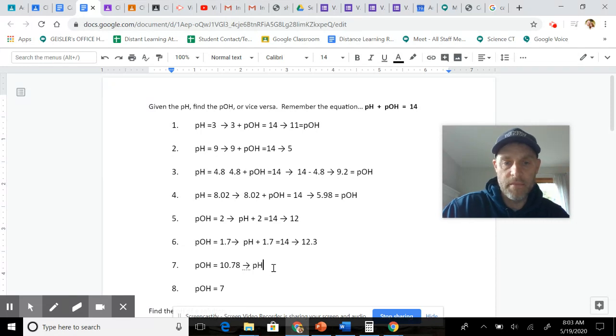Same thing. pH plus 10.78 equals 14. 14 minus 10.78, what's that? 3.22, I think. My math is right. I'm trying to do it in my head.